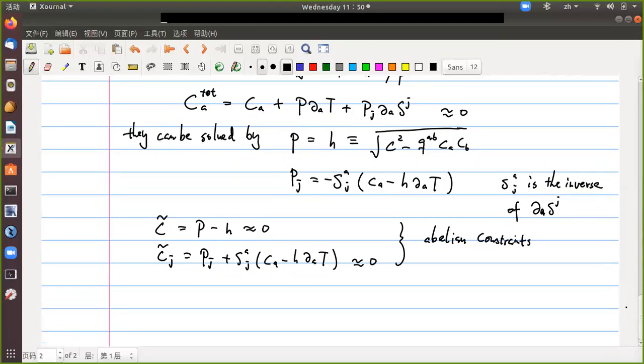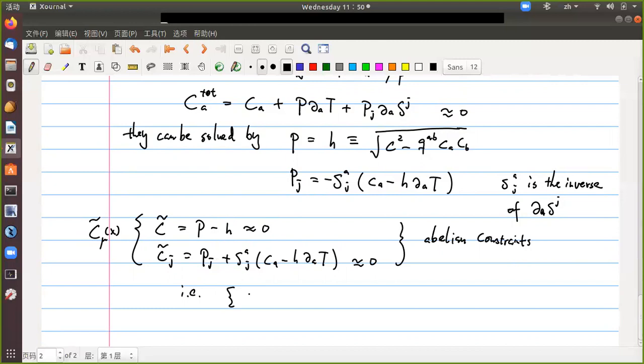What I mean by abelian constraints is this. Suppose I call this C mu of x. The Poisson bracket between C and Cj, or between Cj and Ck, and between C and C, they are all zero.